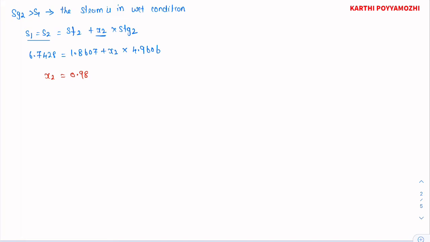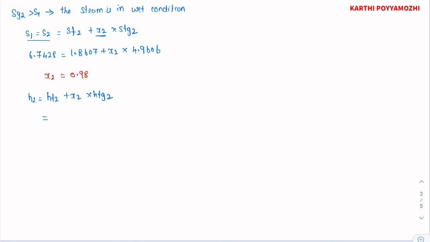With this value you can find the value of H2. That is, H2 is given by the equation Hf2 plus X2 into Hfg2. All three values are known: Hf2 and Hfg2 are taken from the steam table, and the value of X2 we have calculated.